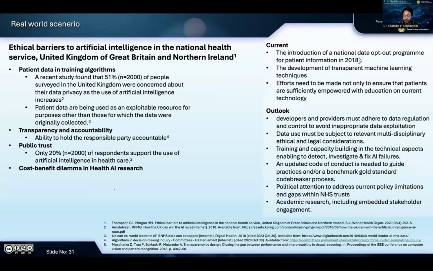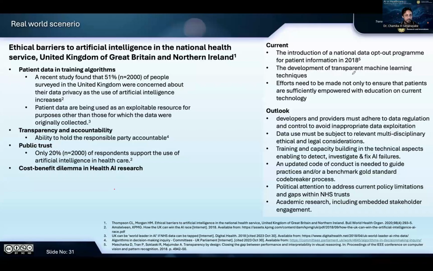That means when you register with the healthcare system, you always get an option to opt out. Even if you go to the UK right now, when you register for the NHS, there's always an option whether your data can be shared or not, if you have privacy concerns. So they take it really seriously.